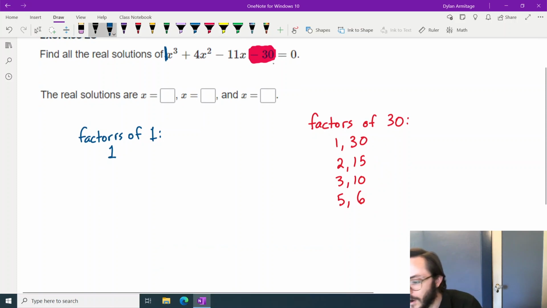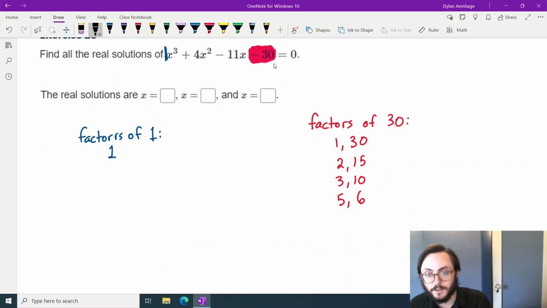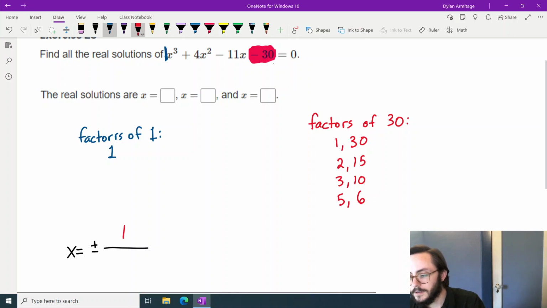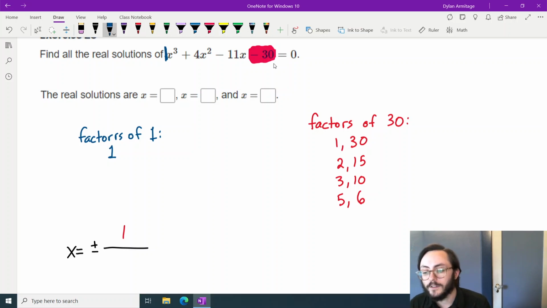Now all of our possible solutions to this polynomial are going to be of the form x equals plus or minus 1 of the factors of 30, our constant term, divided by 1 of the factors of our leading coefficient.